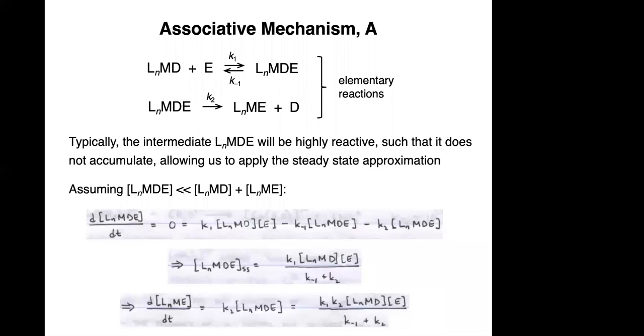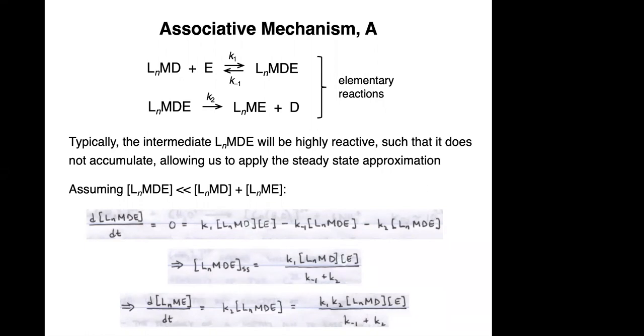And here, the first step will be an entering ligand binding, creating a higher coordinate complex. And then the second step will be loss of the departing ligand to form the products.